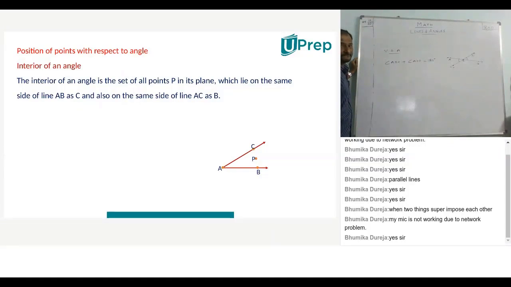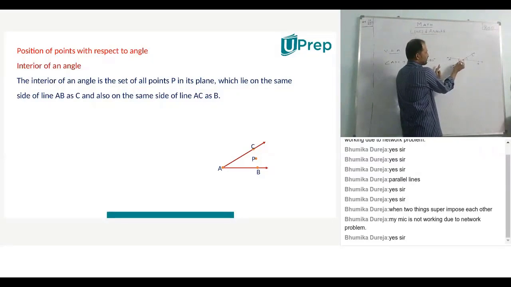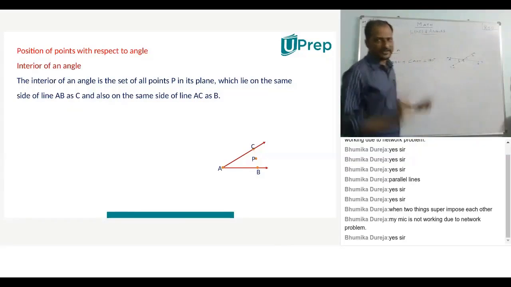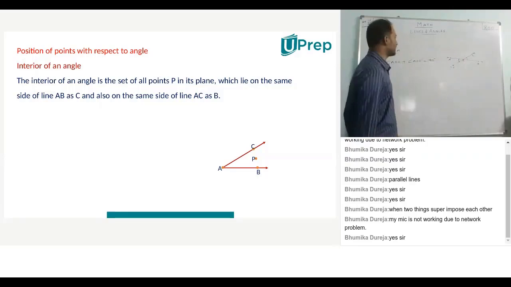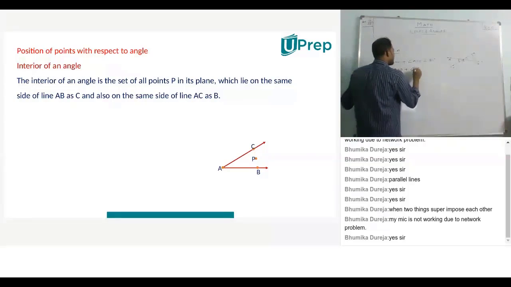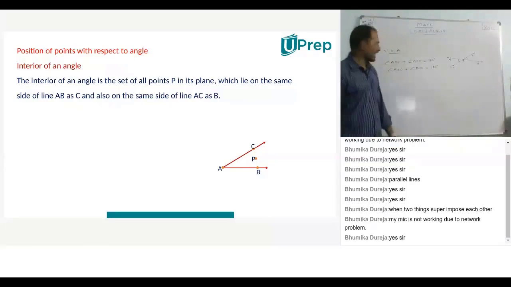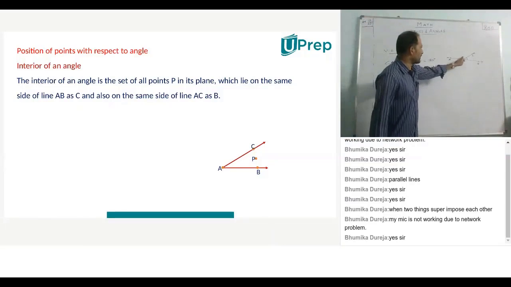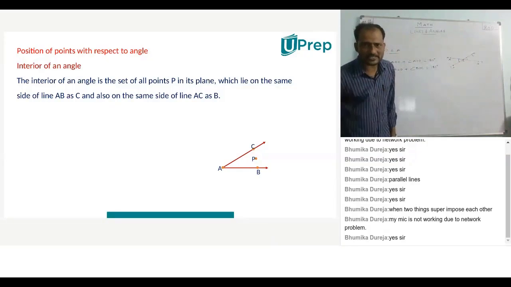Am I right or wrong? Yes, I am right, because it is a straight line. Now in the same way, I can write angle AOD plus angle BOD is equal to 180 degrees because it is also forming a straight line.